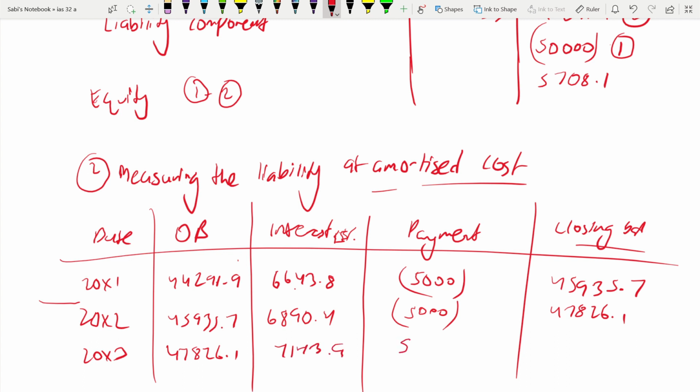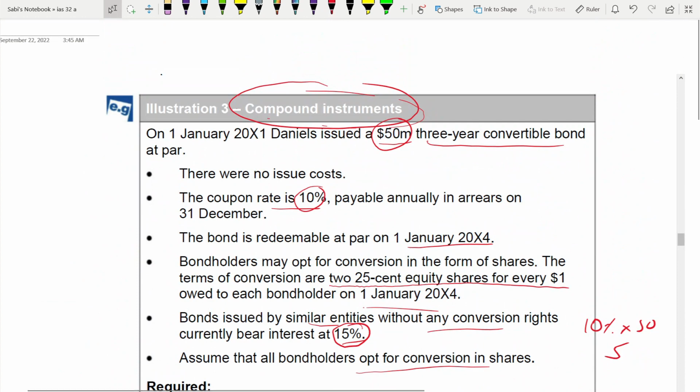Deduct 5,000. You will end up with 50,000. This is the magic. Your closing balance should be 50,000. It's 50 million, right? Because we are dropping the 3 zeros. Exactly what you have started with here, 50. It's 50 million actually, dropping down the 3 zeros.